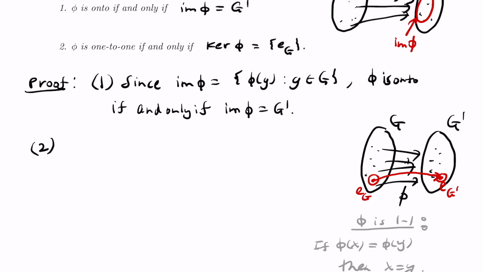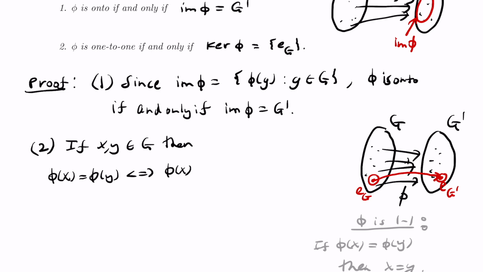Okay, so let's do that. If x and y are in G, then phi of x equals phi of y if and only if we can multiply by phi of y inverse on the right, so phi of x phi of y inverse equals phi of y phi of y inverse.